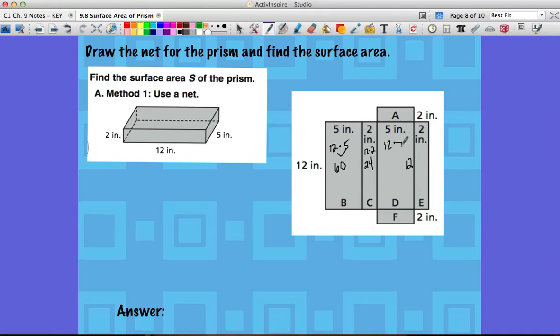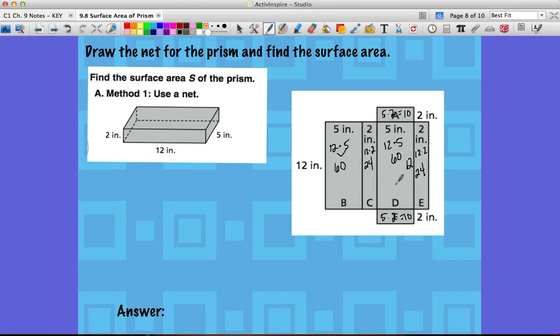Again, 12 times 5, which is going to give me 60. 12 times 2, which is going to give me 24. And then 5 times 2, because remember, if this is 5, then this has to be 5. 5 times 2, which gives me 10. And 5 times 2, which gives me 10.